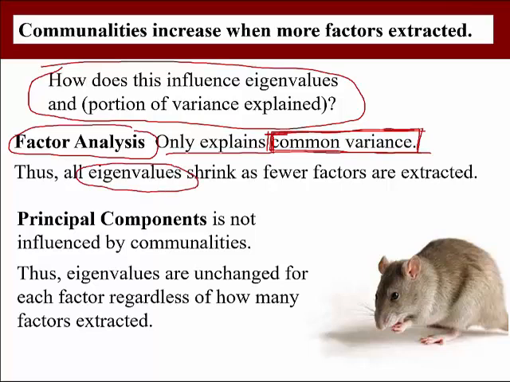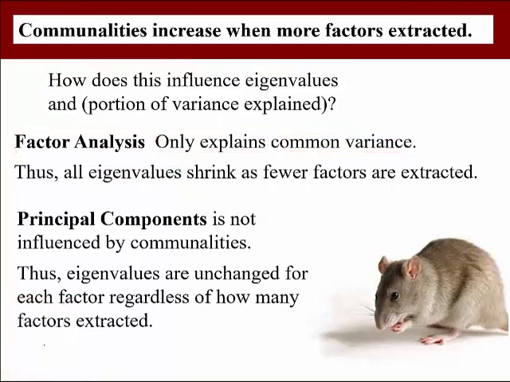And if your communalities are high, then you'll have higher loadings and higher eigenvalues. So taken together, as you extract more factors, your communalities will go up and your eigenvalues will go up. As you extract fewer factors, your communalities will go down and your eigenvalues will go down.